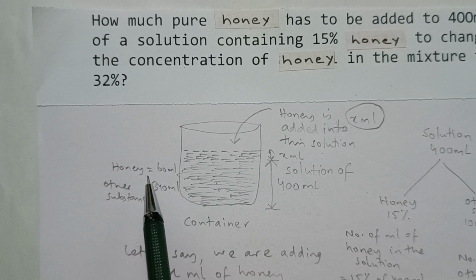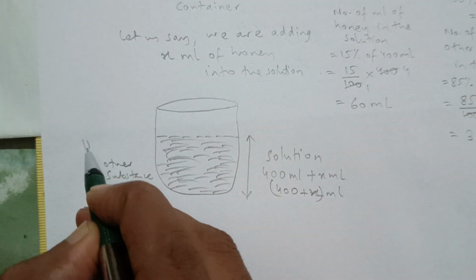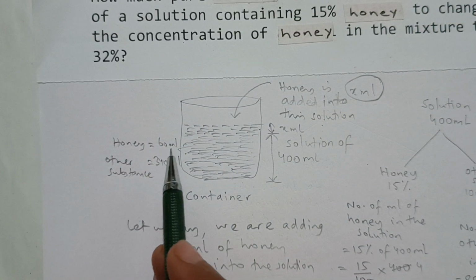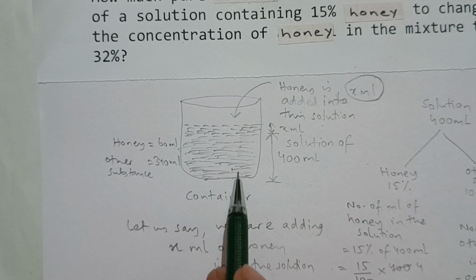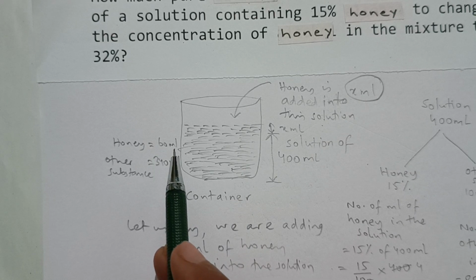But the honey content now in this solution will be, earlier it was 60 milliliters. So in the solution of 400 milliliters, the honey content was 60 milliliters.